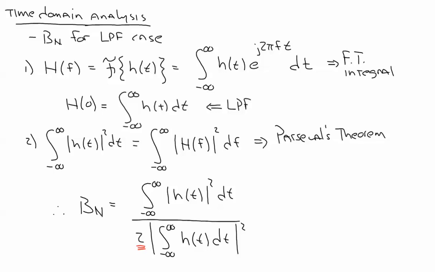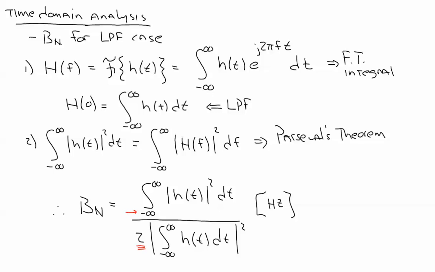Down here, I'm integrating from minus infinity to plus infinity. So I'm doubling my integral, so I need to divide by 2 in the denominator. As usual, my noise equivalent bandwidth has units of hertz.